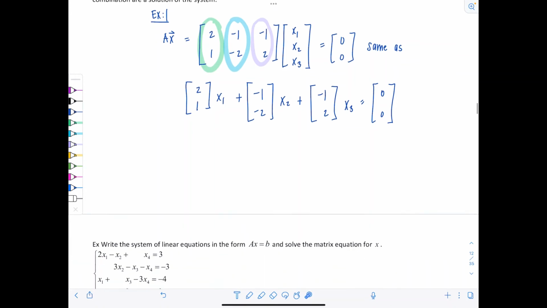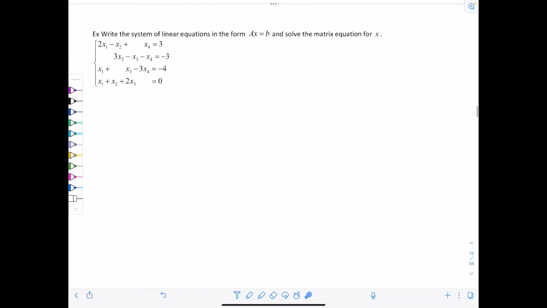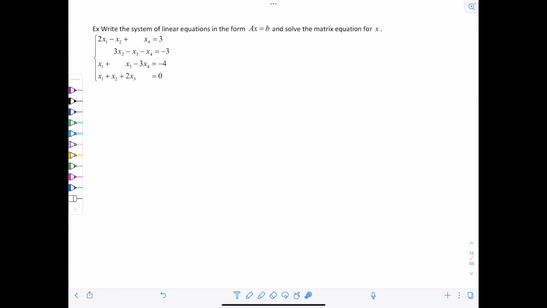Okay, kind of shifting gears back to what we were doing, just way more spicy. So write the system of linear equations in the form ax equals b, and then solve the matrix equation for x. Holy moly, we've got 4 equations, 4 variables. So let's do this. They want us to solve it in the form ax equals b.